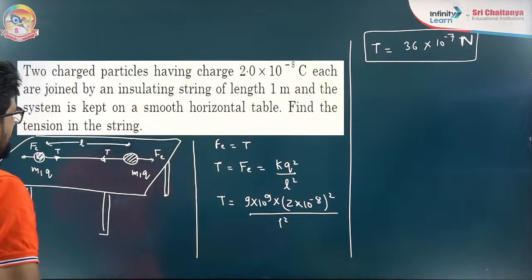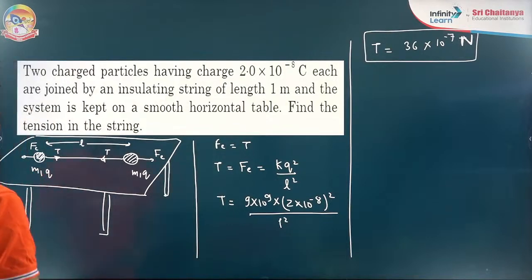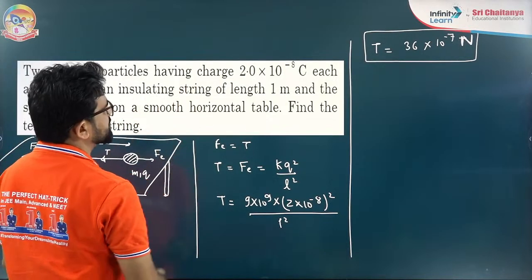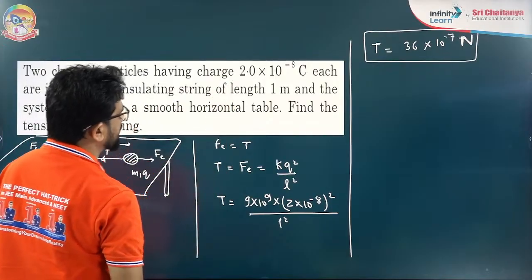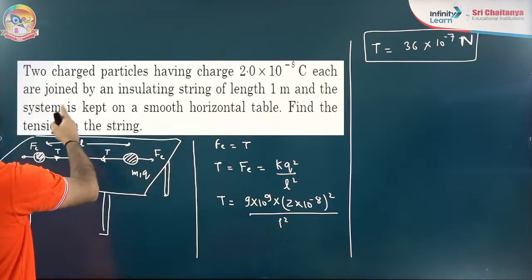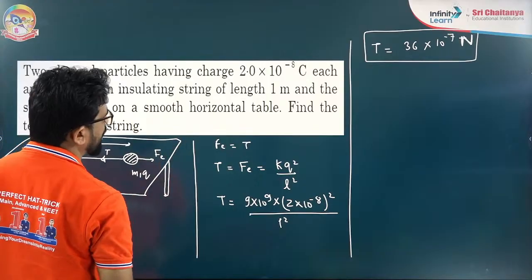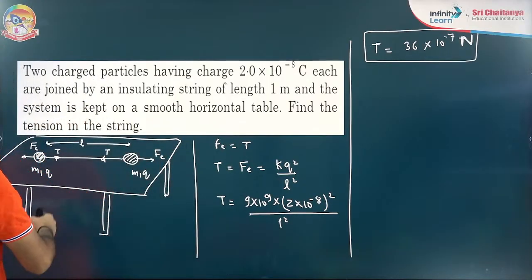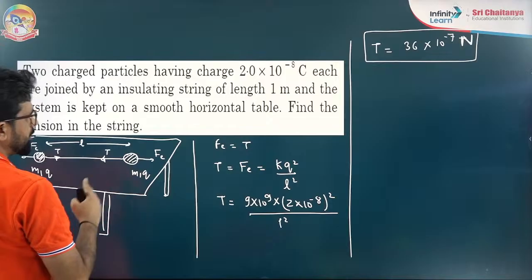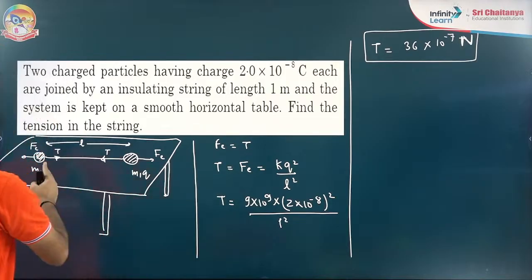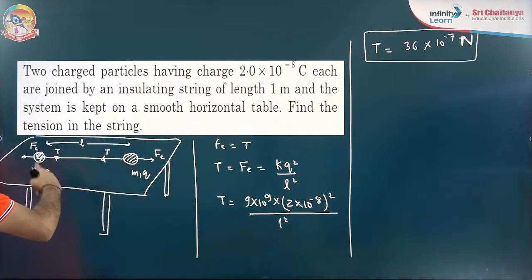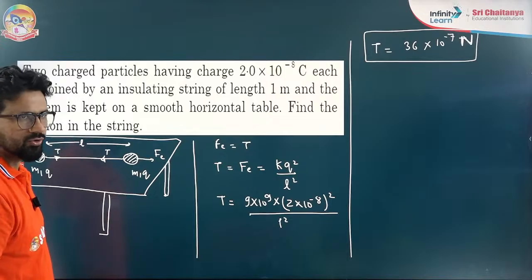In the very first problem, two point charges, each 2 × 10^-8 coulomb, are joined by an insulating string of length 1 meter. The system is kept on a smooth horizontal table. Find the tension in the string. That is the question we are going to solve now.